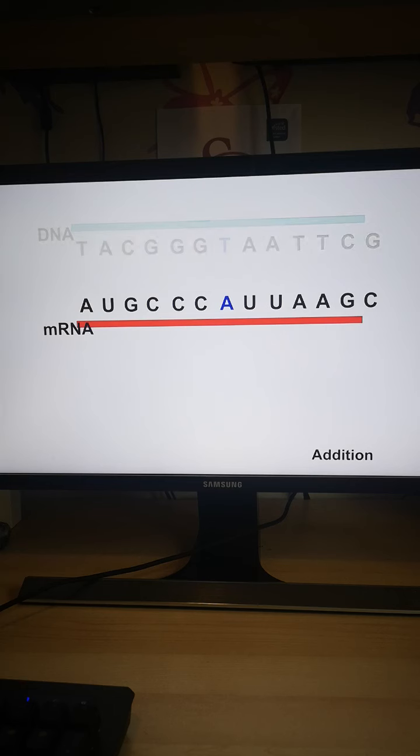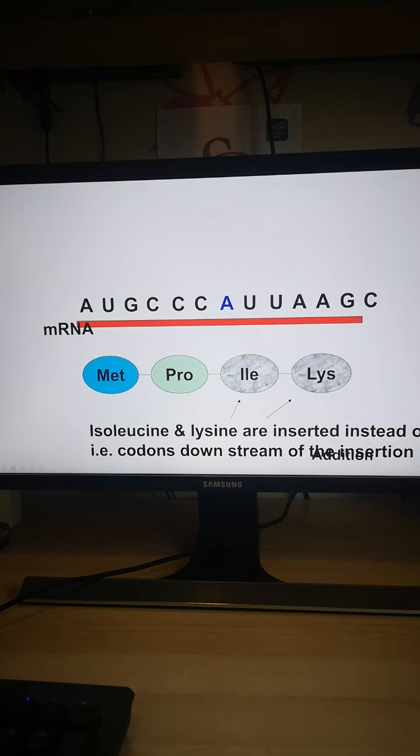And in this example, you can see that that results in the 2 amino acids downstream of the mutation changing. So it's as dramatic as a deletion mutation is. The only difference is that the frame shift is to the right.